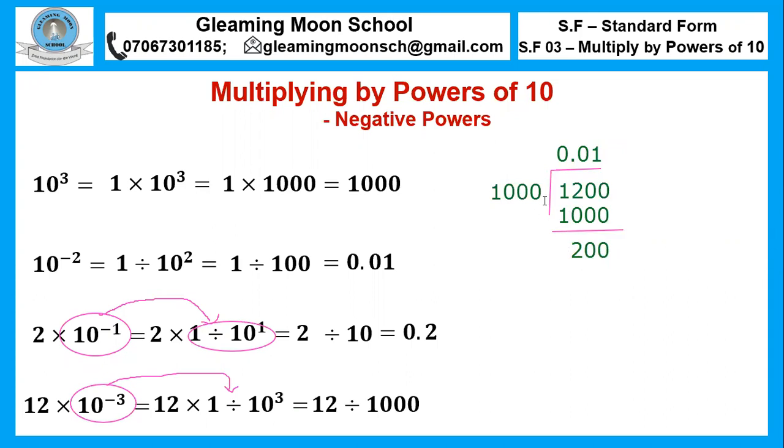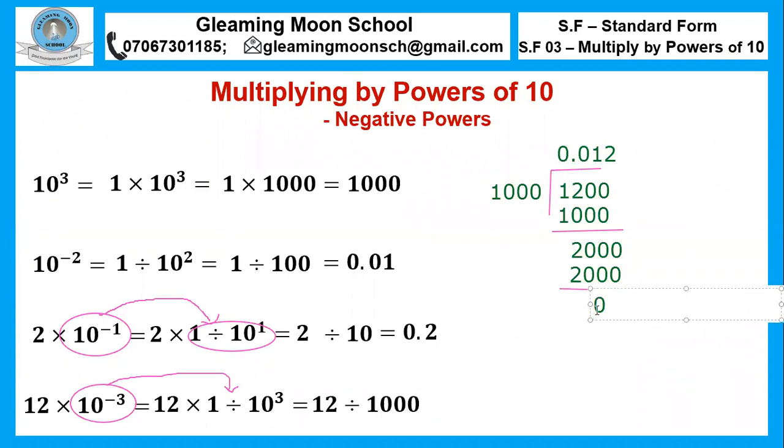So now 1,000 cannot divide 200, can it? So what we do is we add a 0, and that makes it what? 2,000. So 1,000 divide 2,000 is going to give us what? How many 1,000 in 2,000? There are 2 of them. And 2 times 1,000 is going to give us what? 2,000. And if we do another subtract here, 2,000 take away 2,000 will only give us 0.